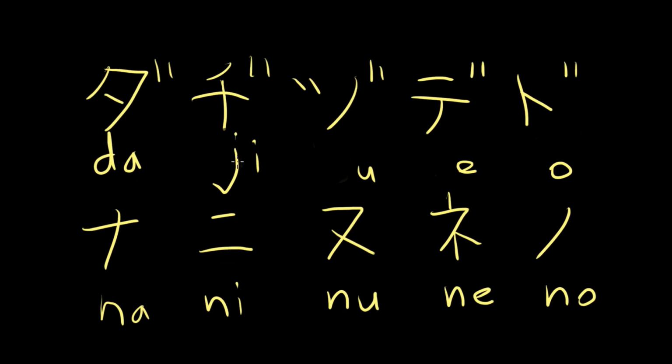Chi, they don't really say D, it's more of a J sound. Tsu becomes zu, and te becomes de. To becomes do. So da, ji, zu, de, do. You can't put ten-ten on na, so the na, ni, nu, ne, no can't be modified.